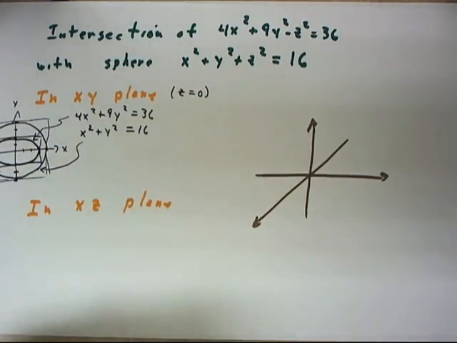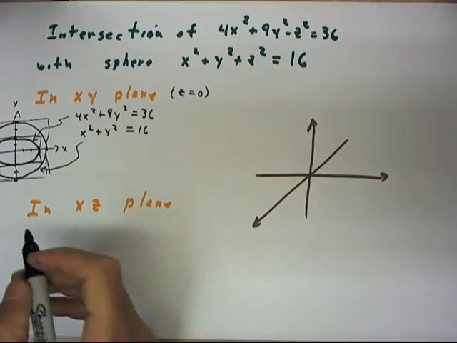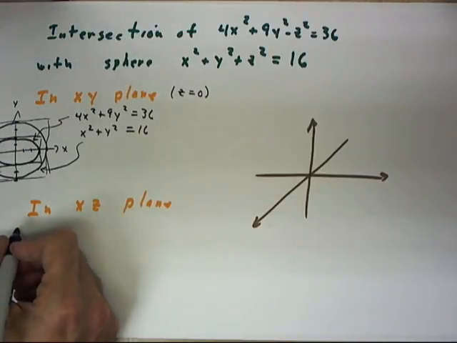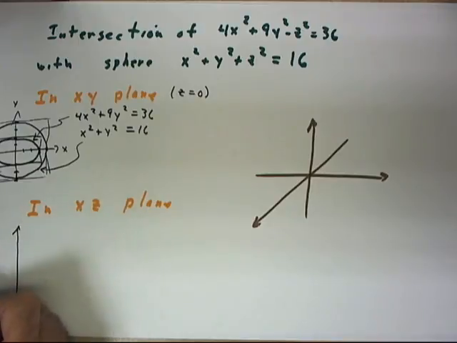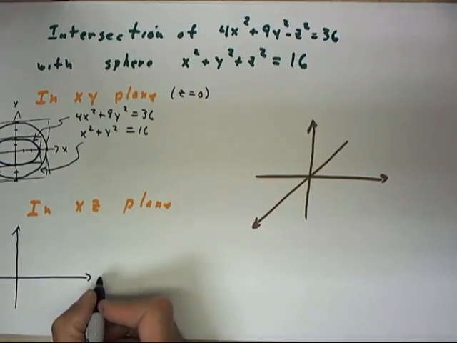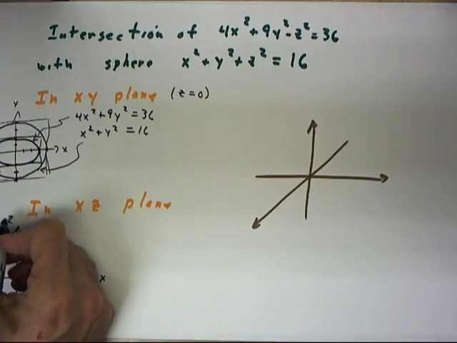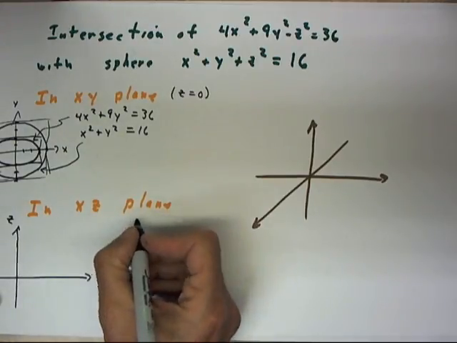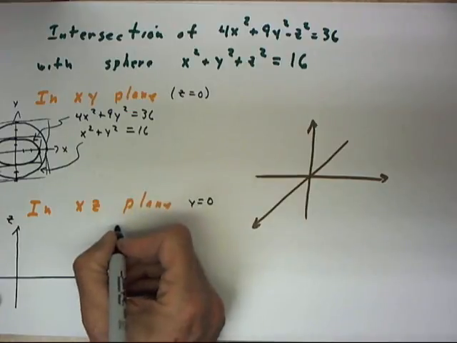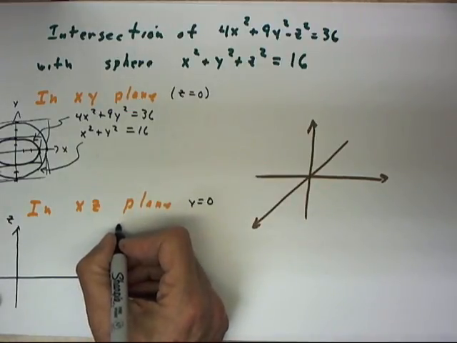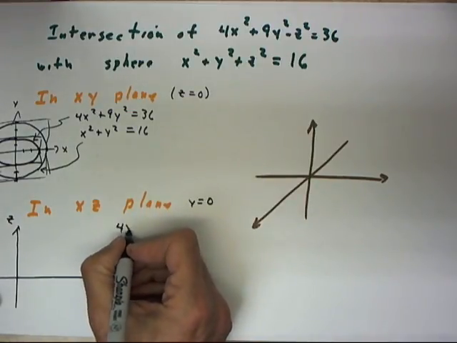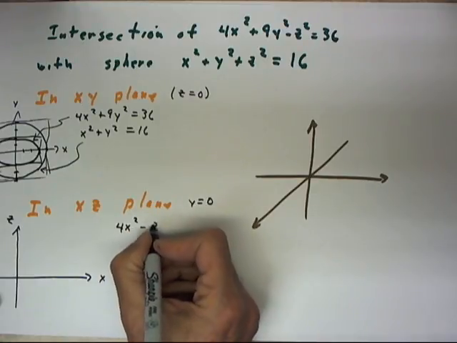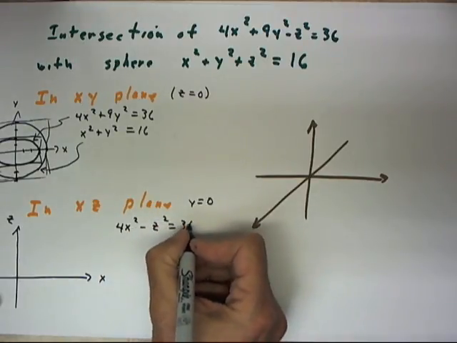Now let's look at the xz plane. In the xz plane, we have the equation y equals 0, so we have the equation 4x squared minus z squared equals 36.